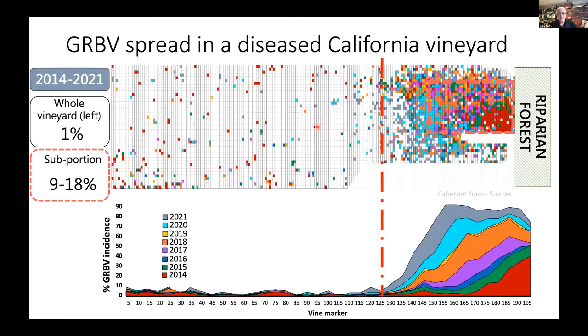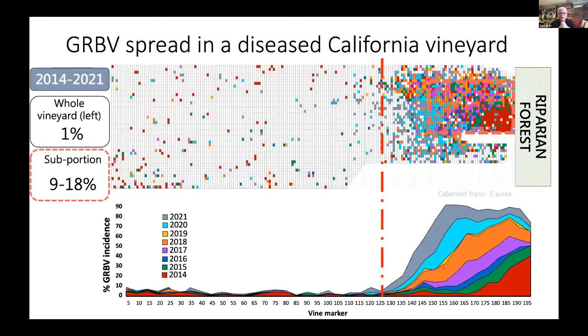So it seems here that if I'm a healthy vine, the likelihood of me becoming infected the next year is not influenced by whether I'm sitting close to healthy vines or diseased vines. It's a random distribution over time. This is in contrast to what is happening on the right-hand side, the east side of the vineyard, where spread was definitely influenced by this initial aggregation of diseased vines.